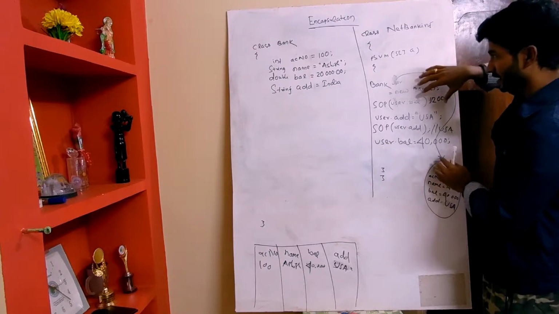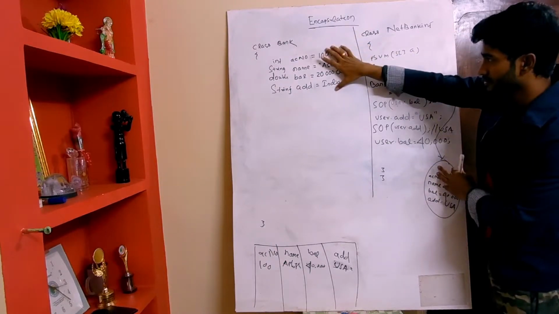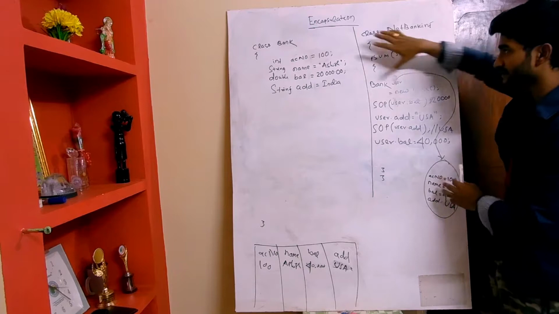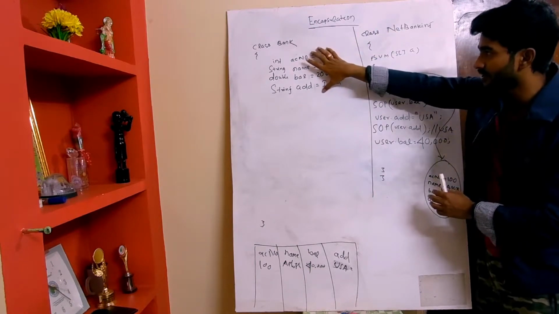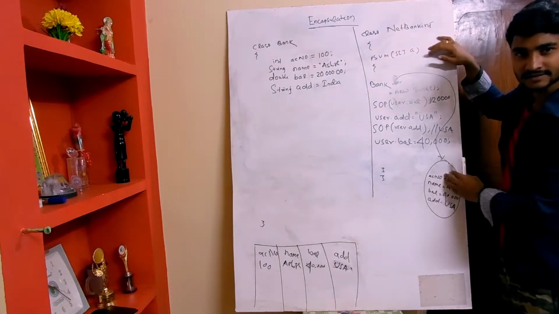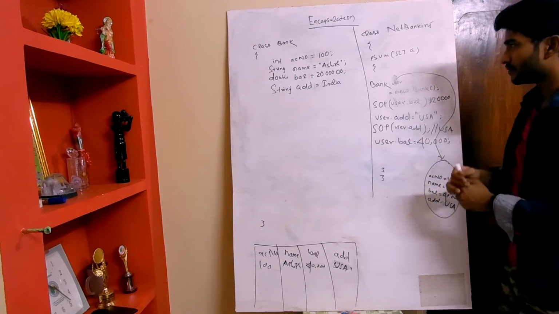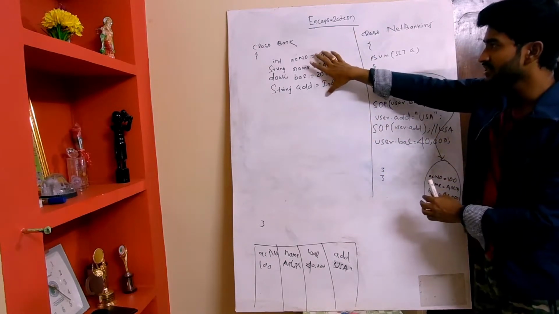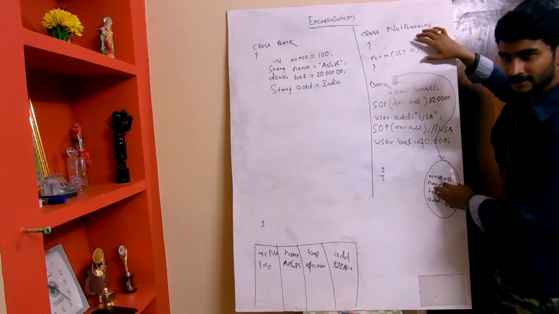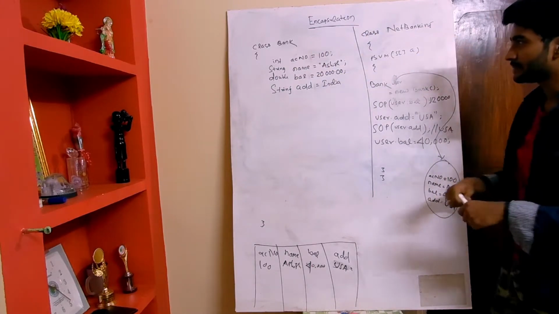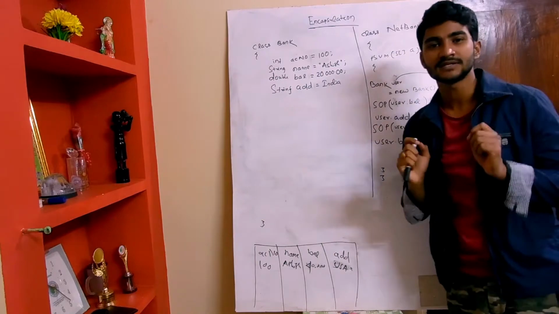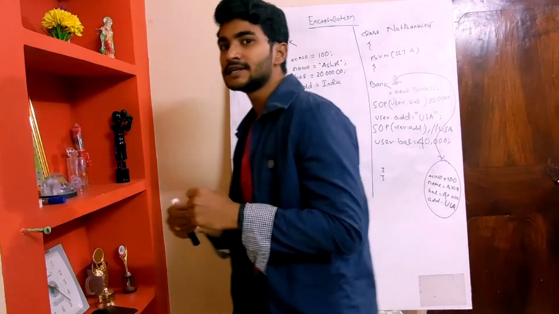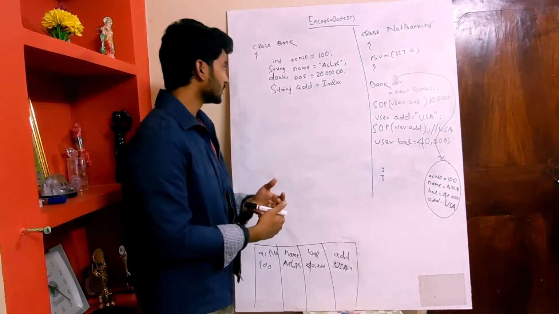So I am accessing the variables from a different application, or from a different class. So anybody present over here in a different class can access the variables. My bank class variables need to be secure. So I found that there is some security issue, right?